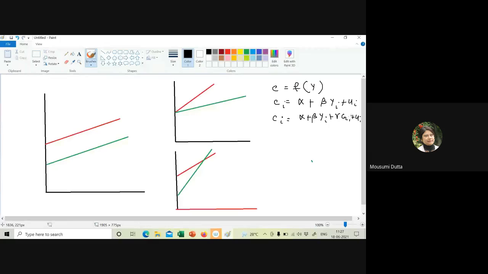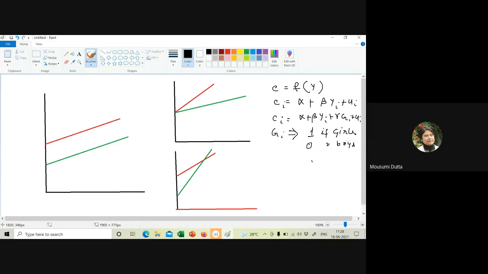Gi is the gender. It can take two values, 1 for girls, 0 for boys.